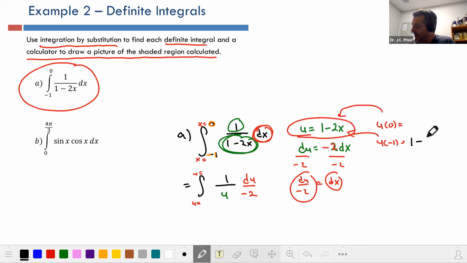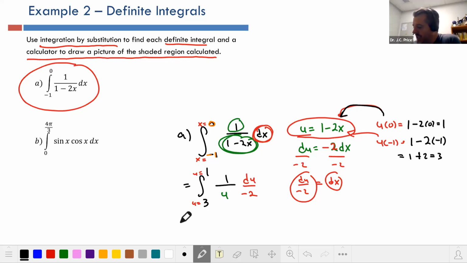We have 1 minus 2 times -1, which equals 1 minus, and then 2 times -1 is -2, so +2, which equals 3. So when x is -1, u becomes +3. Versus when x is 0, u becomes, well, again, just plug 0 in right there, and so you get 1 minus 2 times 0, which equals 1 minus 0, which is 1. So right here you have a 1.